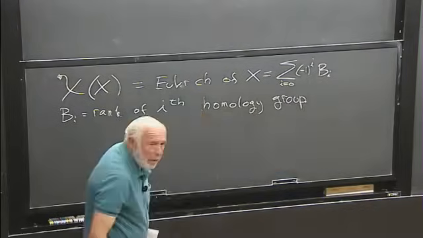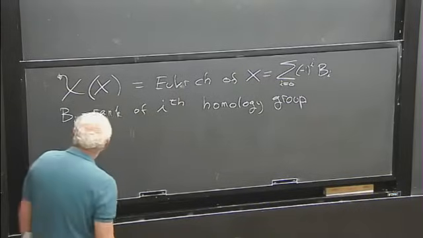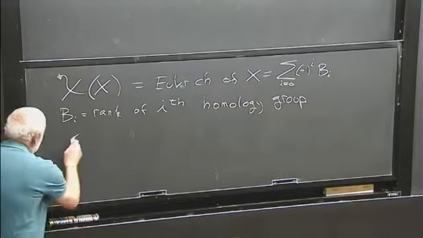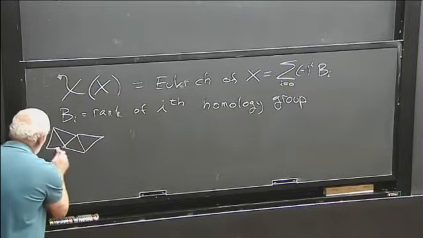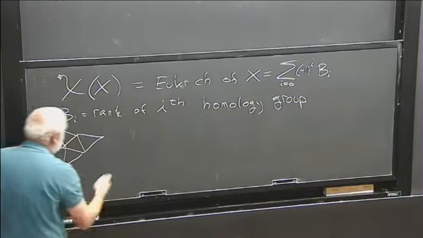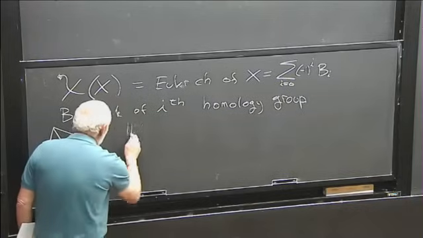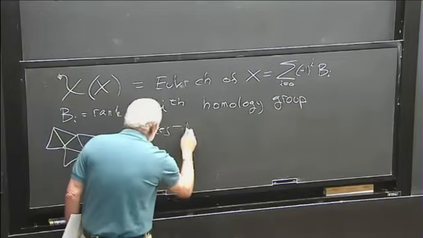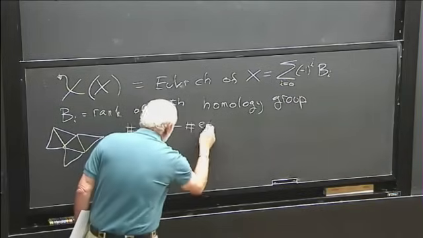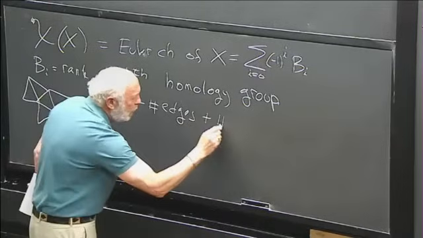And if you want an even simpler definition, if you take a simplicial complex like this and you count, well, if it's two-dimensional, you would count the number of faces minus the number of edges plus the number of vertices.